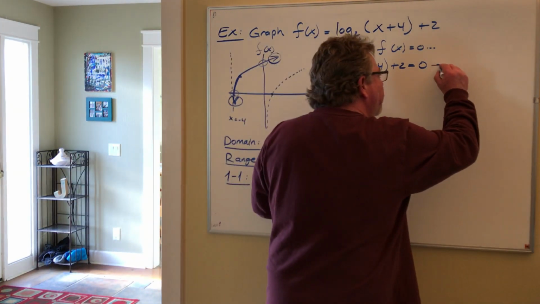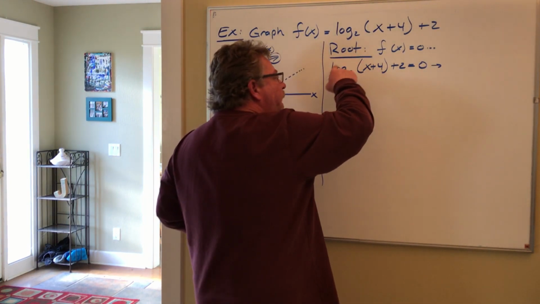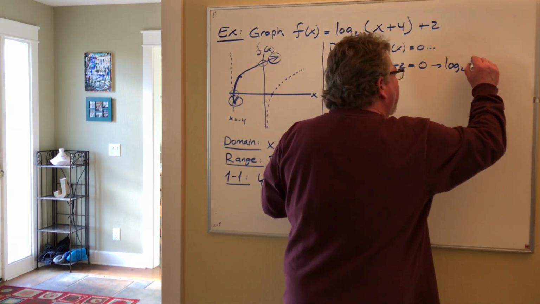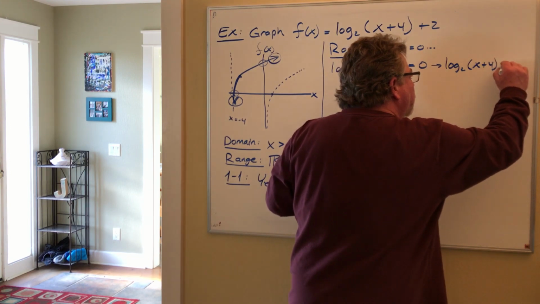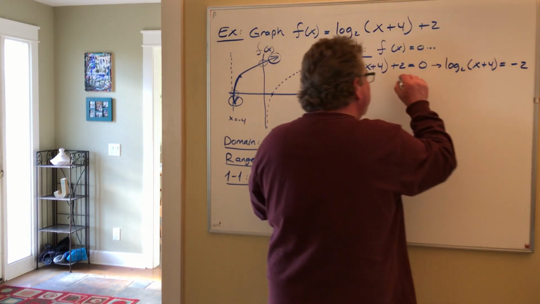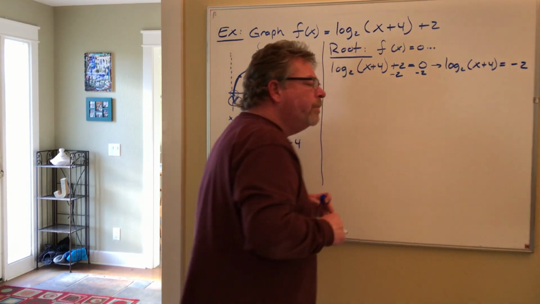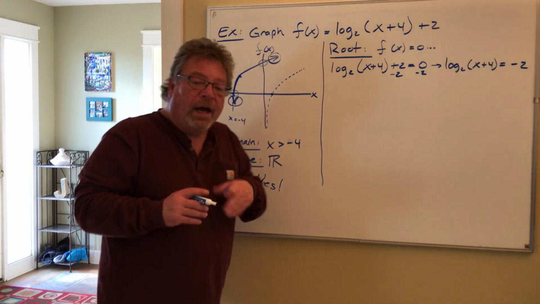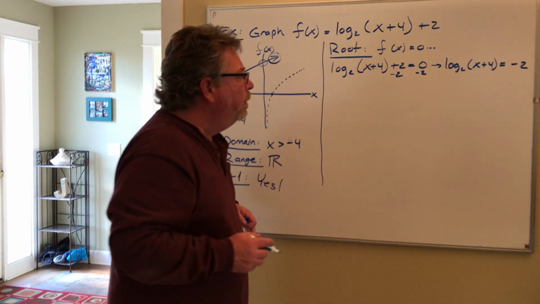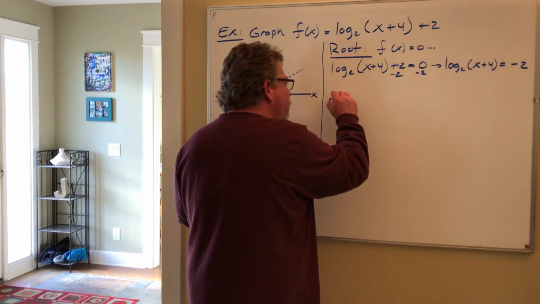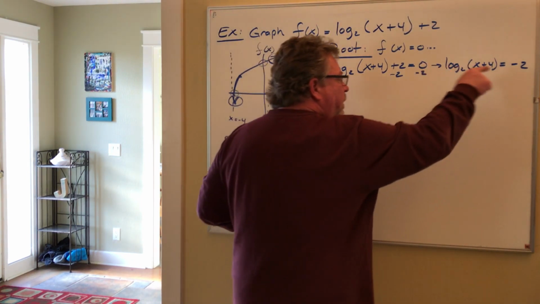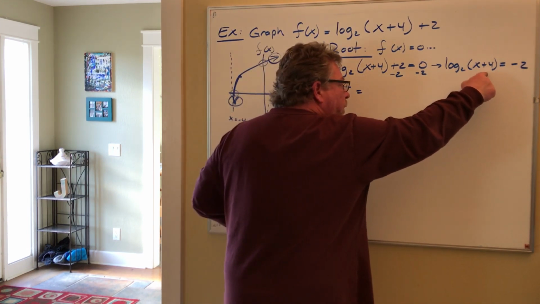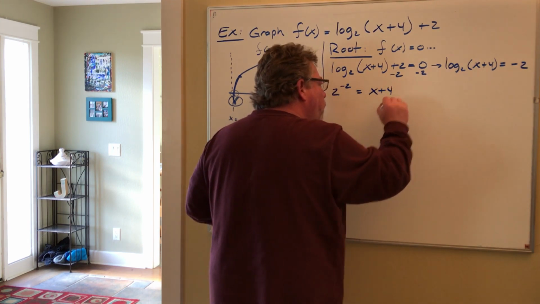I'm going to first isolate this logarithm, and I'll have logarithm base 2 of (x plus 4) is equal to negative 2, by subtracting 2 from both sides. So that move gets this into logarithm equals number. And now I can leave the logarithm behind by arguing that if I take this base 2 and raise it to this exponent negative 2, I'll get the stuff inside, that stuff right there, x plus 4.